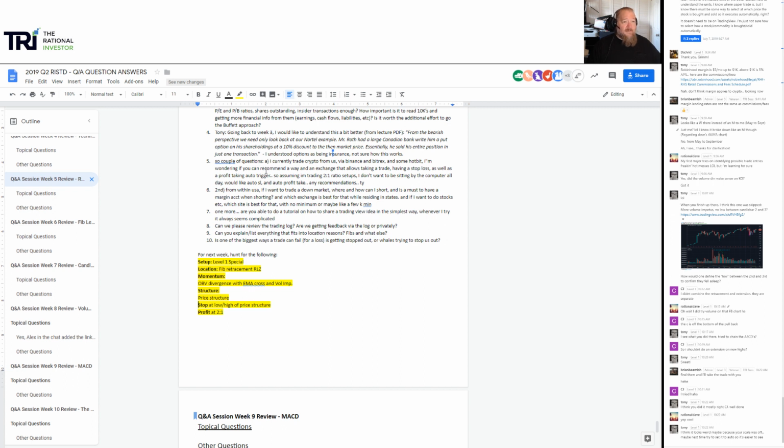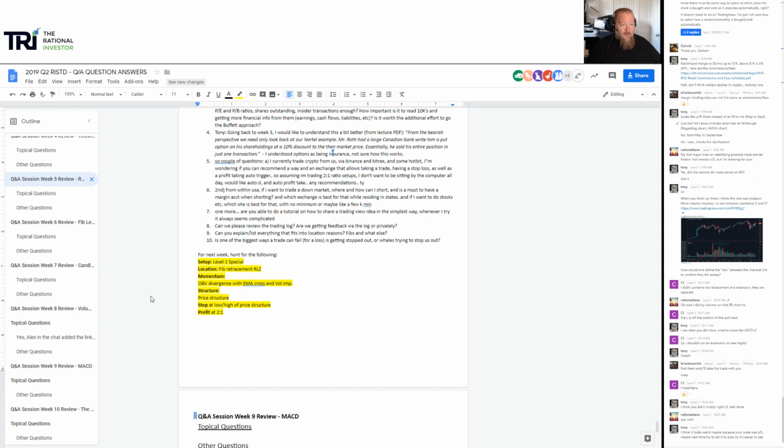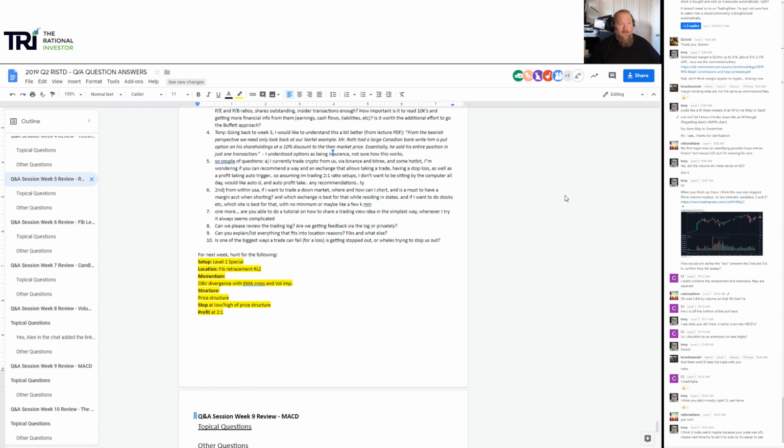Ultimately what we're going to do is expand this out. This is going to be the chief setup you walk away with in the future. It's essentially our 3-step setup. We're going to add Willie, we're going to add MACD to it, and we're going to add some targeting to it, which I'll show you later too. But for now, just look for a 2-to-1, stop at the high or low of the price structure, and look for these elements, okay?